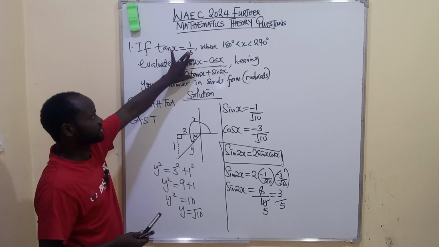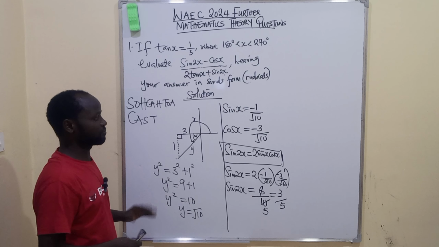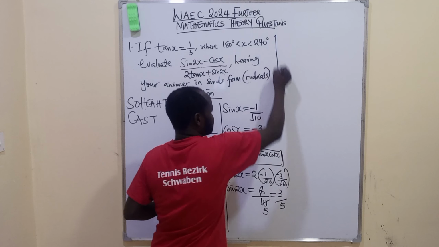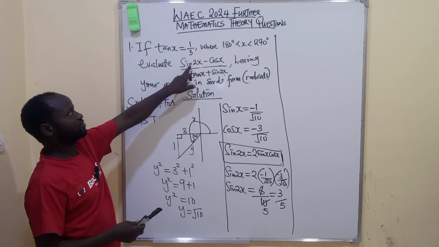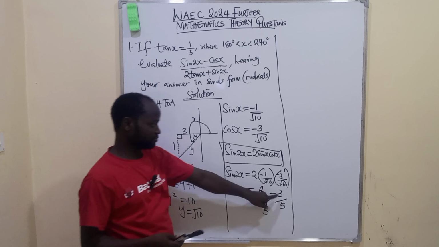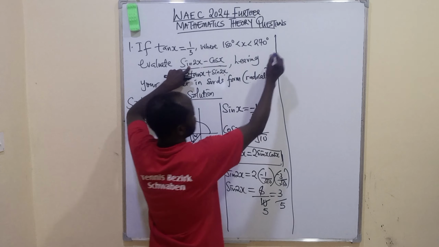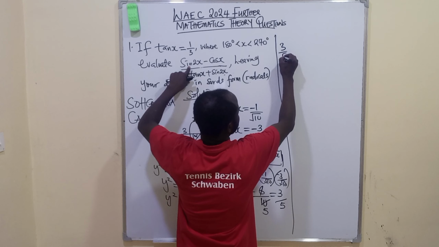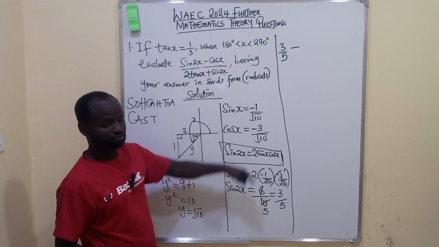So we have everything, so we can easily evaluate this with this information. Very important: in place of sine 2x, we can easily put 3 over 5. So in place of this sine, I will put 3 divided by 5, minus cos x, here is minus 3 divided by root 10.